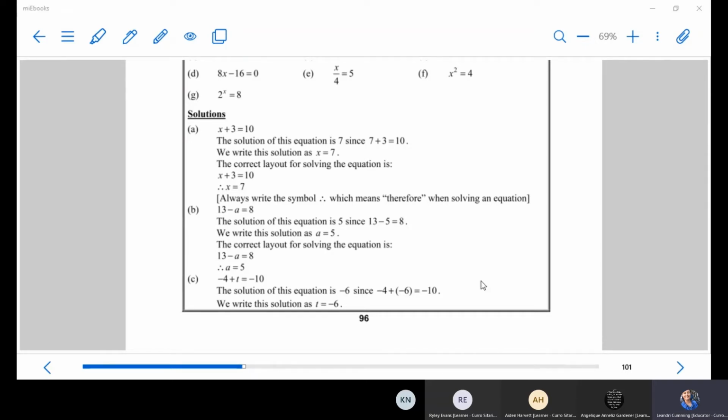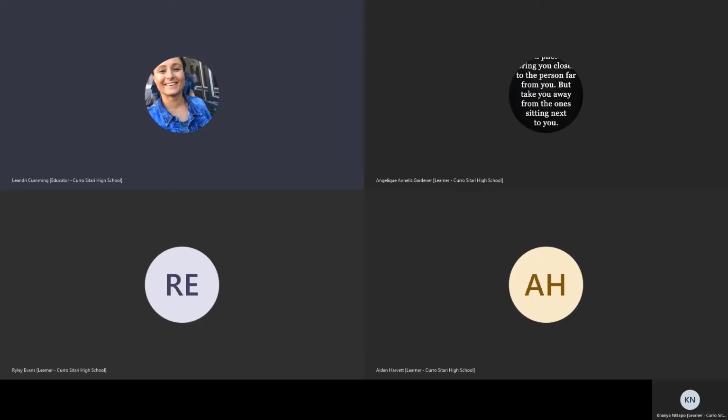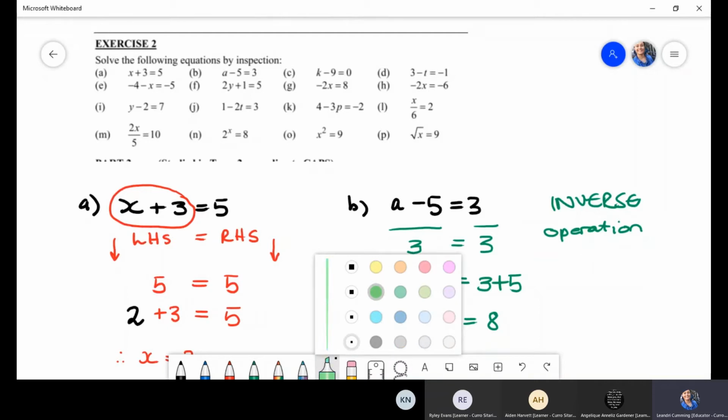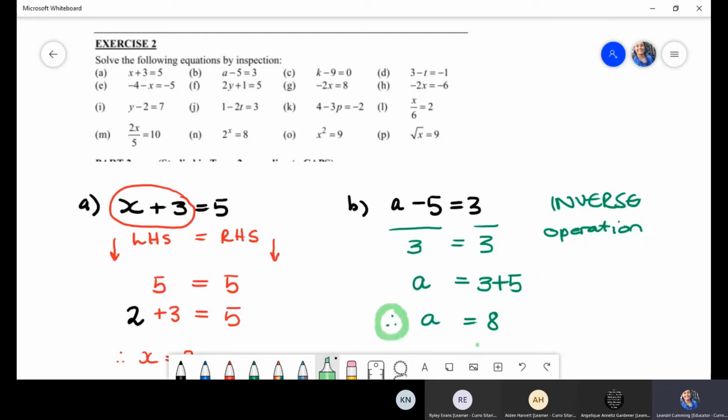Very important. So please just read through those pages and then you'll understand why I am stressing the importance of that equal sign and of using this therefore, okay?